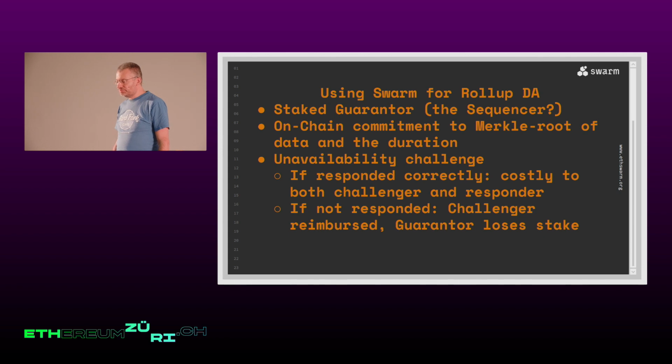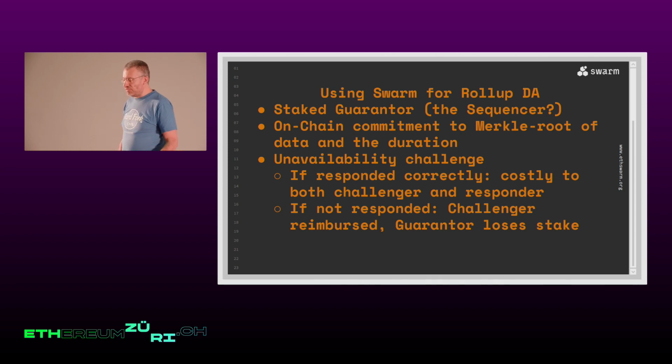because most of the time these challenge responses will not happen, because if the data is really available, you're not going to do the challenge because it costs you and you gain nothing. So it's basically just a griefing attack, but it's costly, so it's not free.